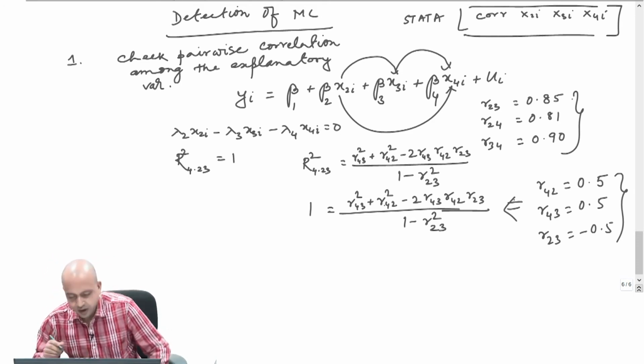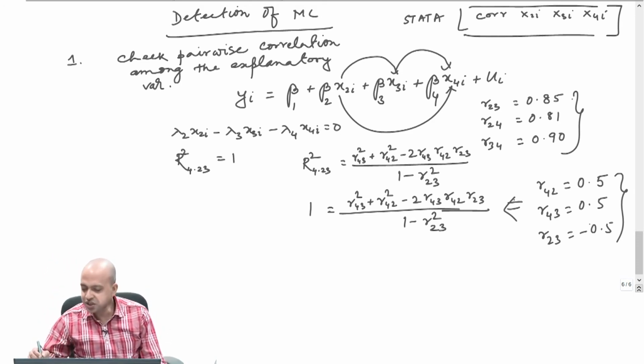That means the pairwise correlation is not very high, but still you have a high degree of multicollinearity.